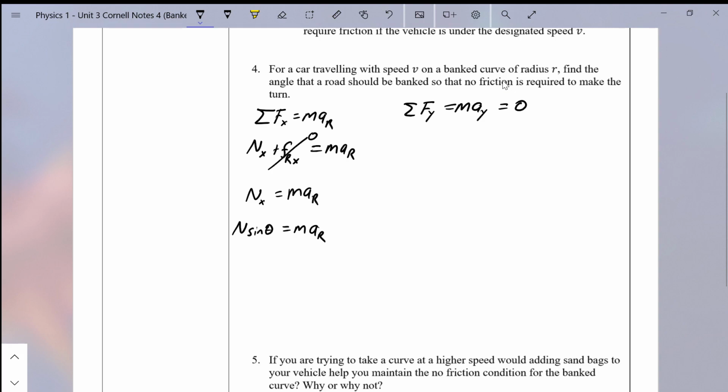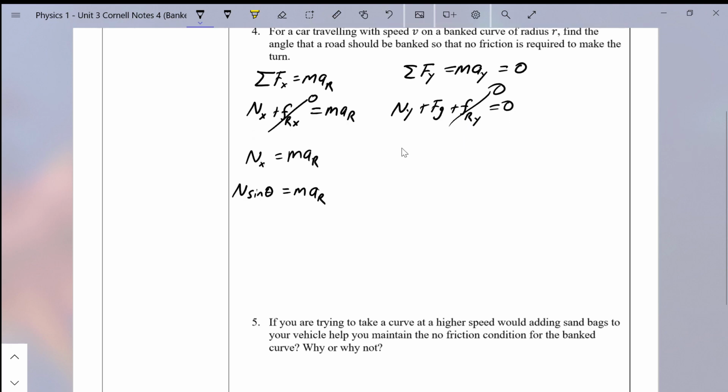But then if I do my sum of forces, I will have a y component to my normal force, I will have a force of gravity, and I'll have a friction component. Again, that friction component is 0, so you can cross that. This tells us that n sub y is equal to Fg, should be minus, because it's pointed downwards.